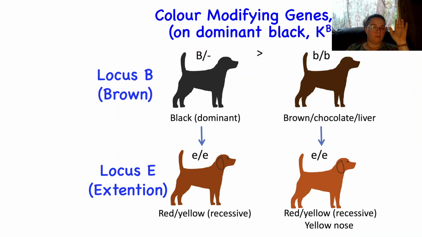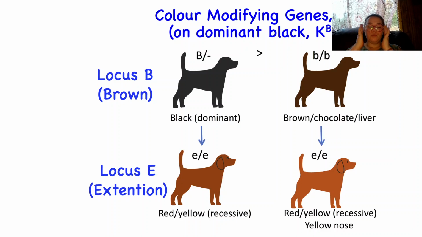You are either black or you're brown, and you stay that way. But you can be a lighter version of that black or a lighter version of that brown based on if you have the extension.